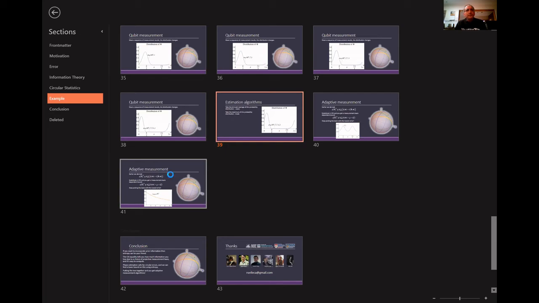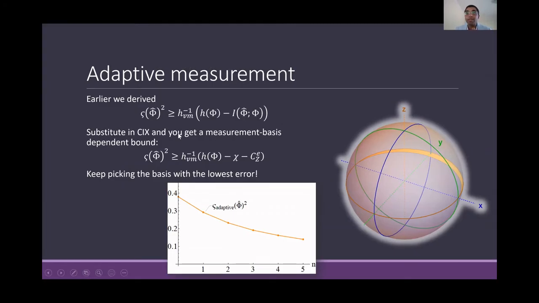If I remember right, and I've also got that paper open in another screen with my notes on it, for this bound to be saturated, you needed your estimator to be unbiased and the errors to be Gaussian distributed and independent of the value of the estimator. And I think in the circular case, you need the errors to be von Mises distributed and independent of the value of the estimator. Does that answer the question?